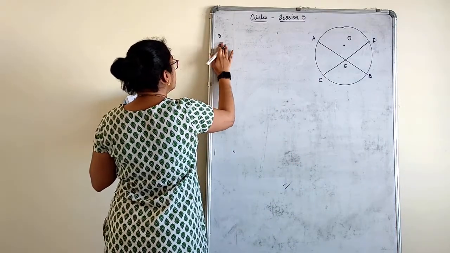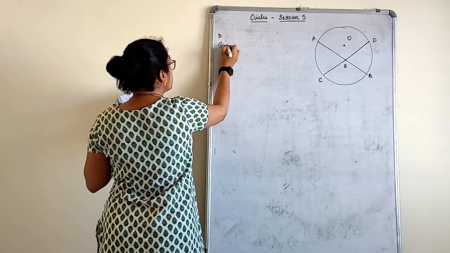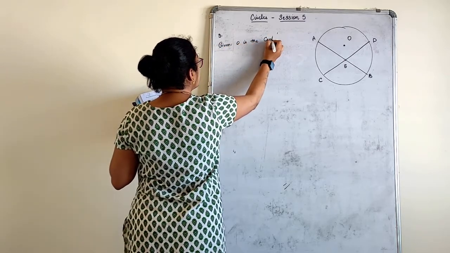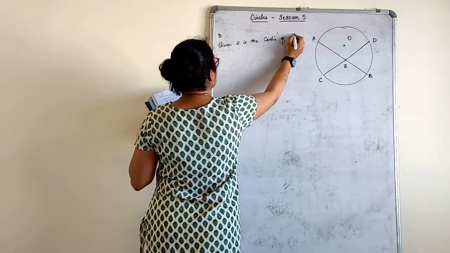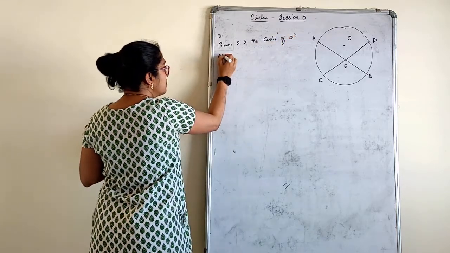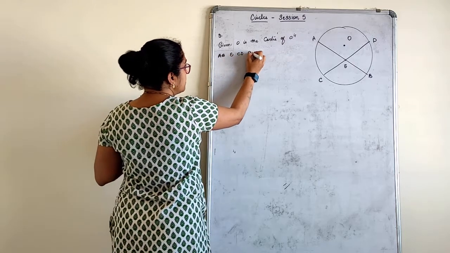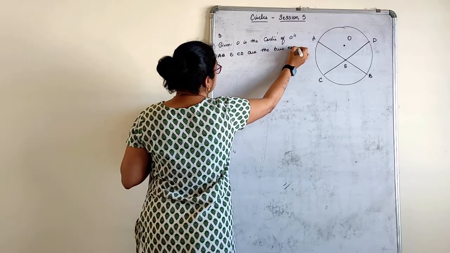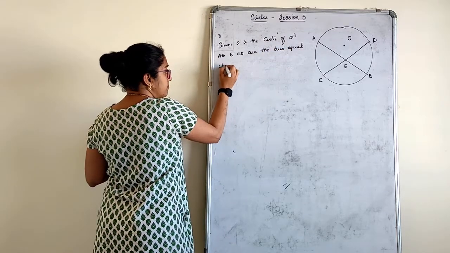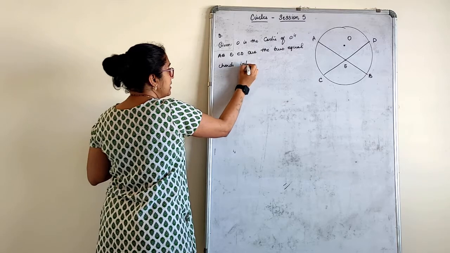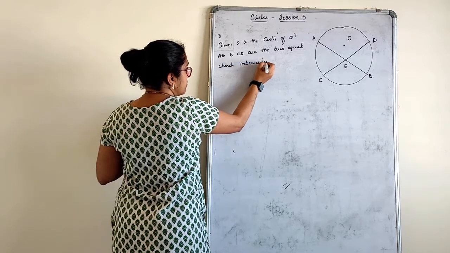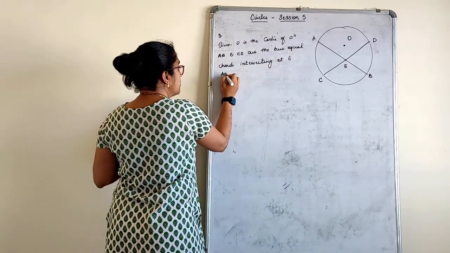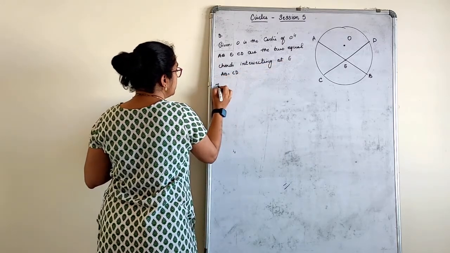Given: O is the center of the circle, AB and CD are the two equal chords intersecting at E. AB is equal to CD.